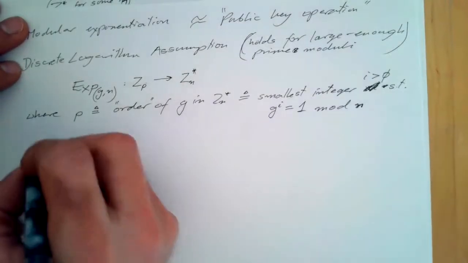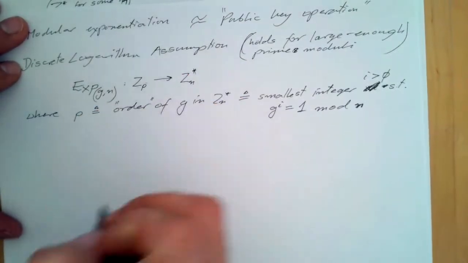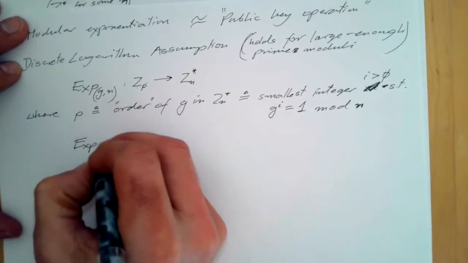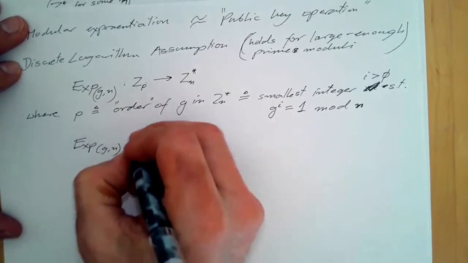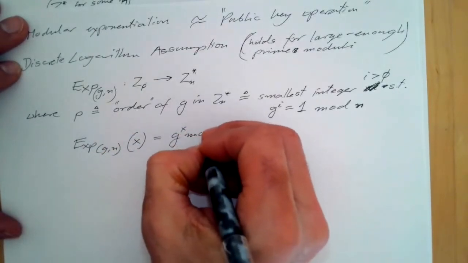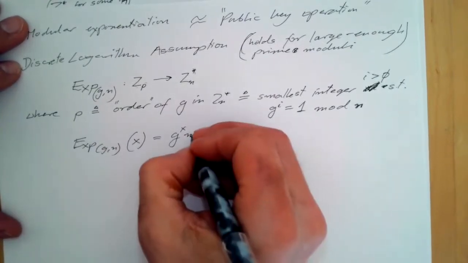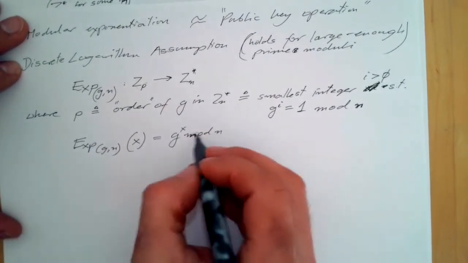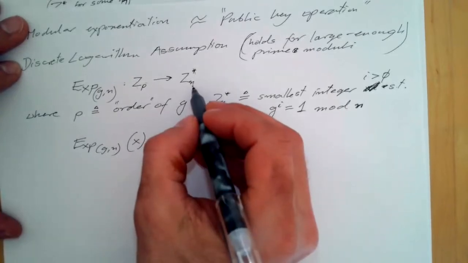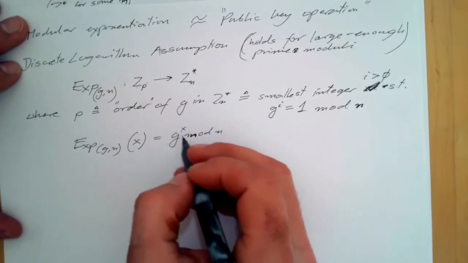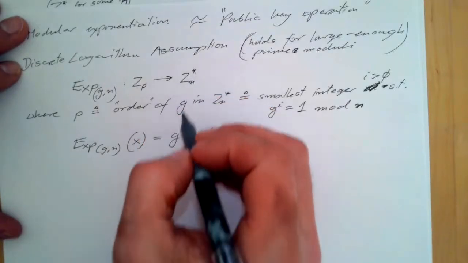So this function is defined as exp_{g,n} of x is g to the x mod n. It is well defined, right? This is in Z_n star because g was in Z_n star, and once you multiply any Z_n star elements, you remain in Z_n star.